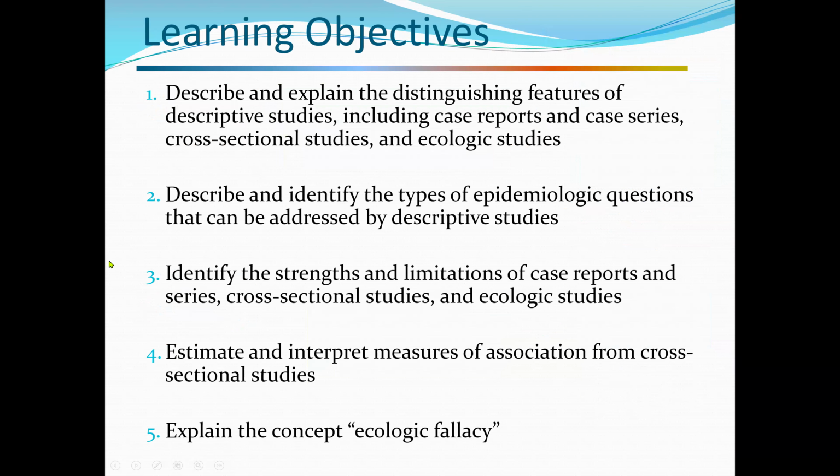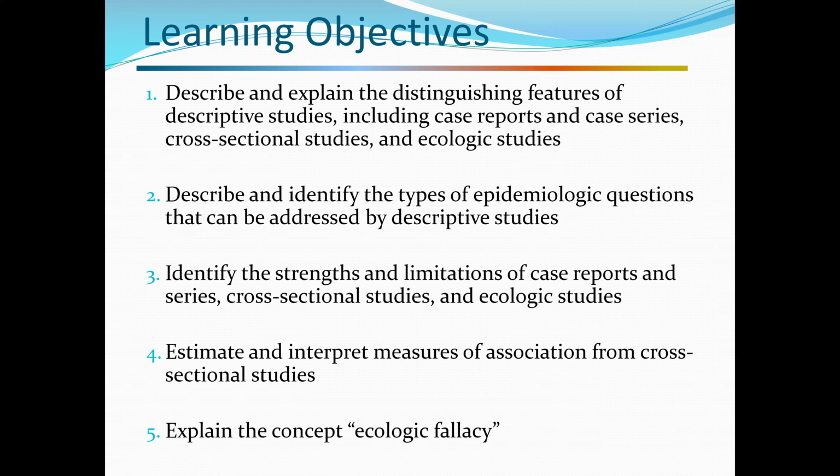So our learning objective for these lectures is to describe and explain the distinguishing features of descriptive studies, including the case report, case series, cross-sectional studies, and ecologic studies. We're also going to describe and identify types of epidemiologic questions that can be addressed by descriptive studies.